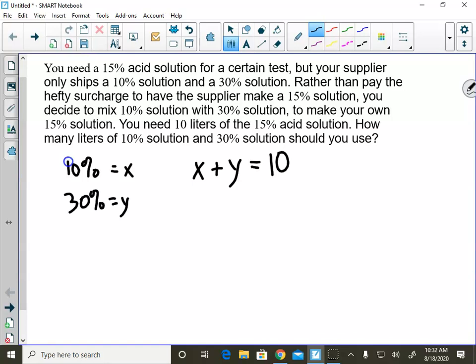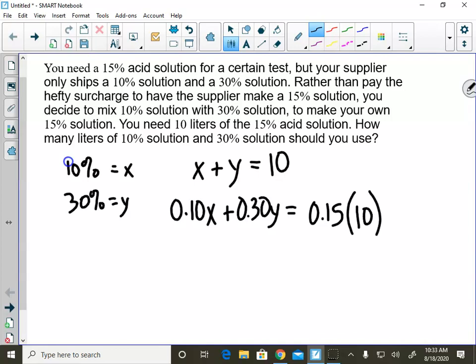Now, the second equation is the one where you actually have to deal with the percentages, because we don't know how much of the 10% and how much of the 30% we actually need. So, again, we have our variables. What we know is that we're going to need 10% of the X, so we'll make that into a decimal, and we need 30% of Y. And altogether, we have to end up with a 15% solution of the 10 liters.